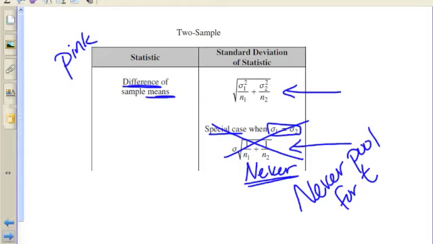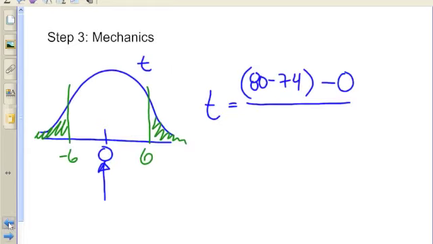Notice we have this standard deviation squared for group 1, divided by the sample size for group 1. And then we have a standard deviation squared for group 2, divided by the sample size for group 2. All right, so I'm going to go ahead and plug those things in for my t formula here. Okay, it's a square root.